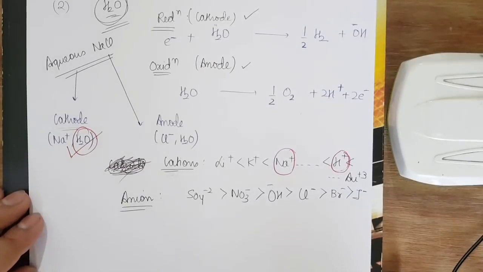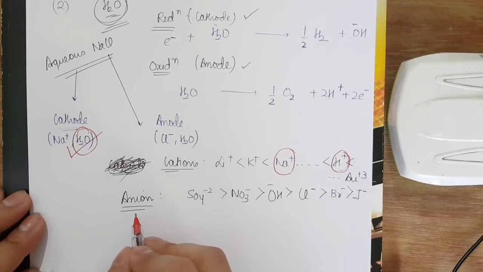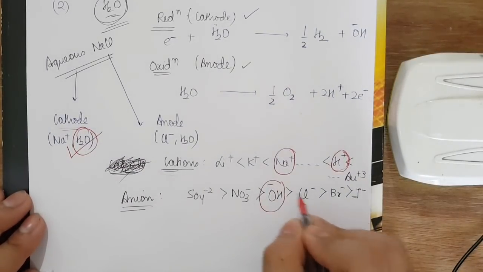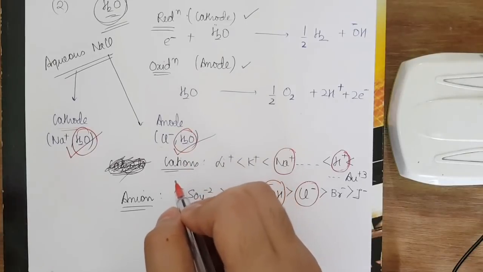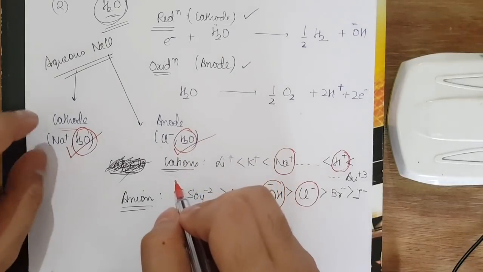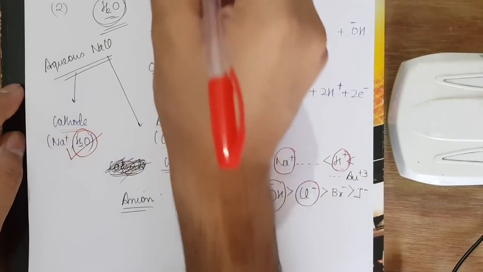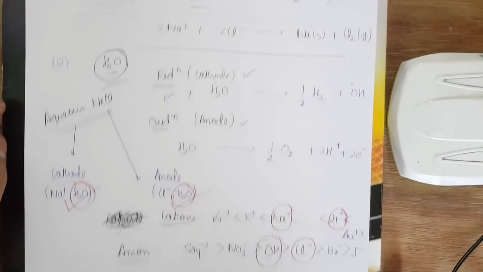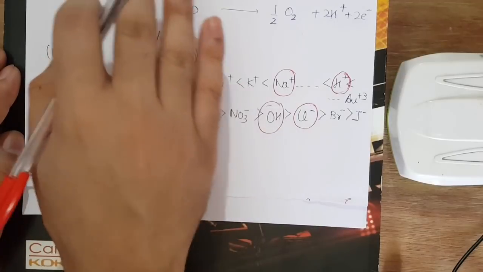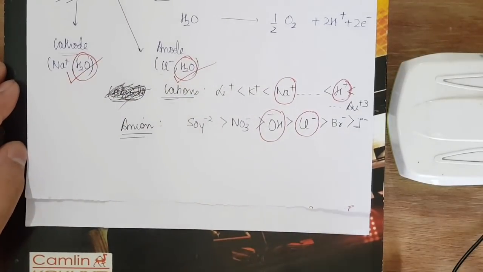So what you can see from here, the rate of deposition of OH minus is greater than Cl minus. So in this case also H2O will win because electrolysis is basically the deposition. So what I mean to say is that at the molten NaCl you got these two equations, but let me tell you what is going to happen at the aqueous NaCl. It is a very important part.